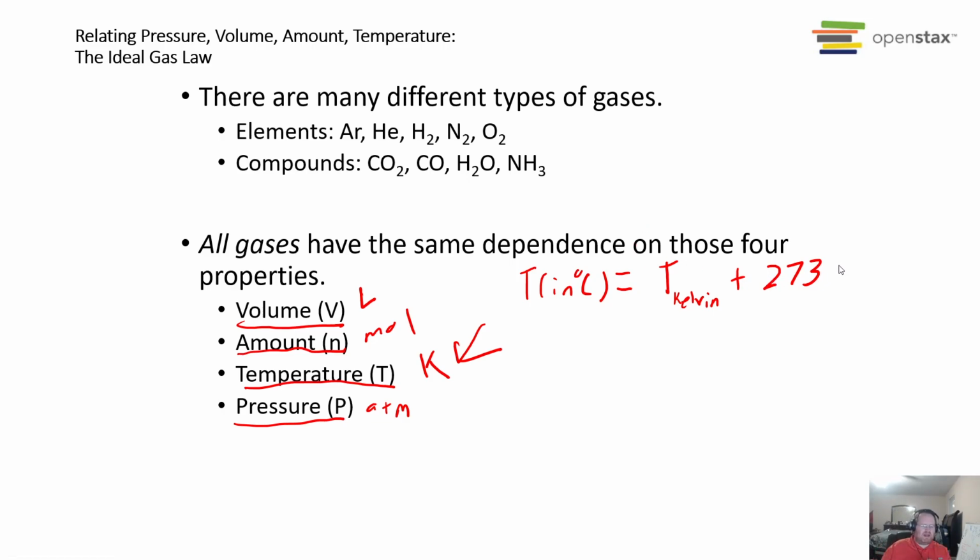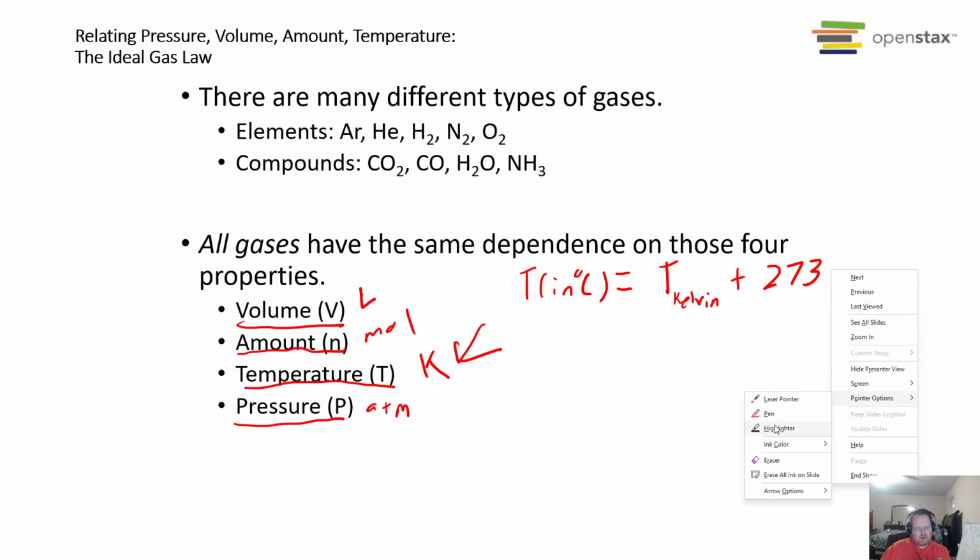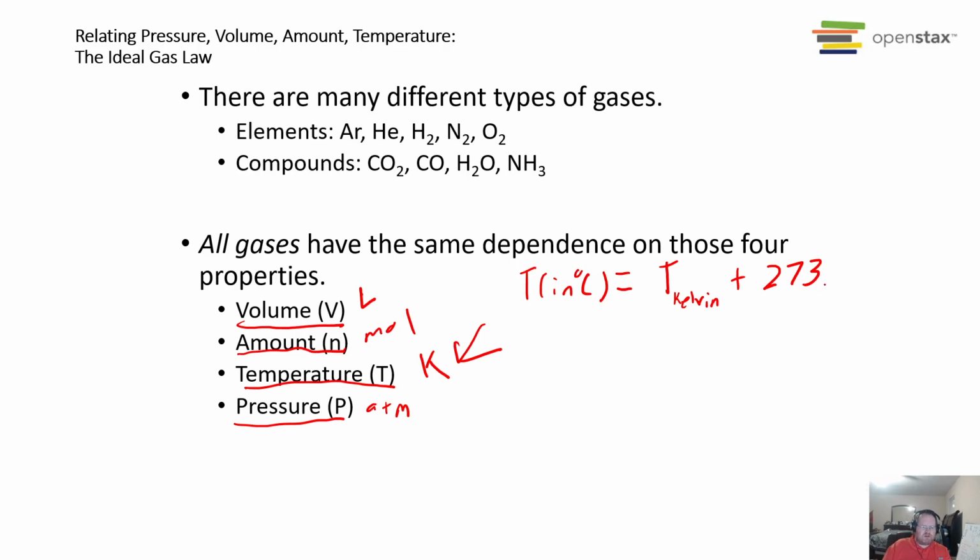Depending on how accurate you need to be, you can use 273 or 273.15, depending on the number of significant figures you have. So I was doing it wrong there. The temperature in Kelvin is equal to the temperature in degrees Celsius plus 273.15. There we go. That's more right.